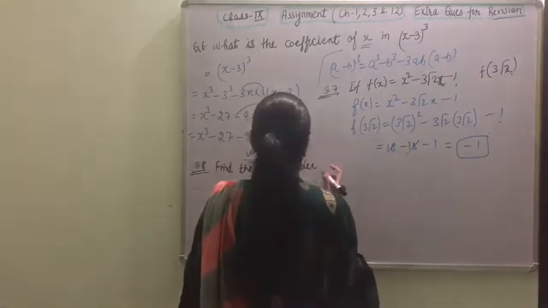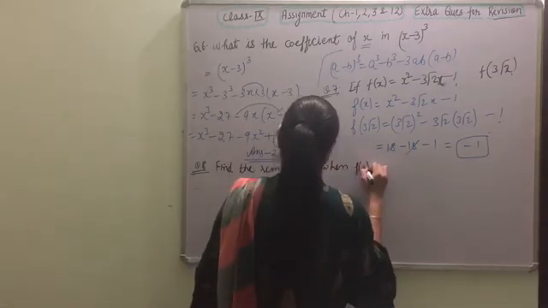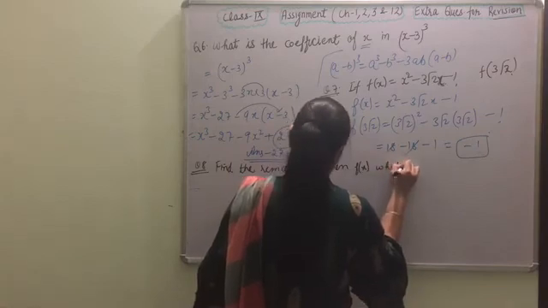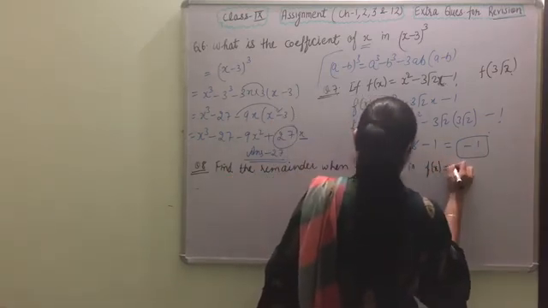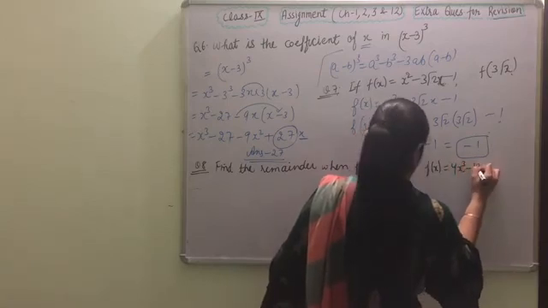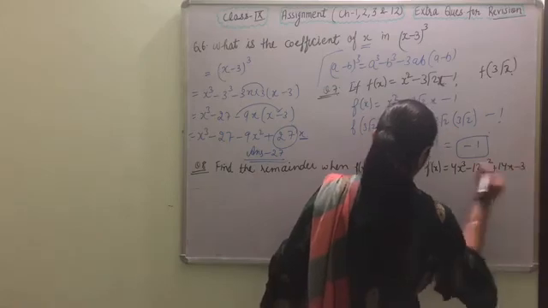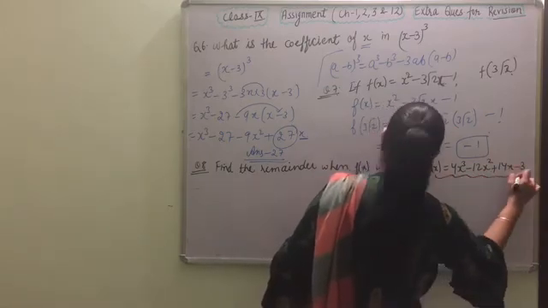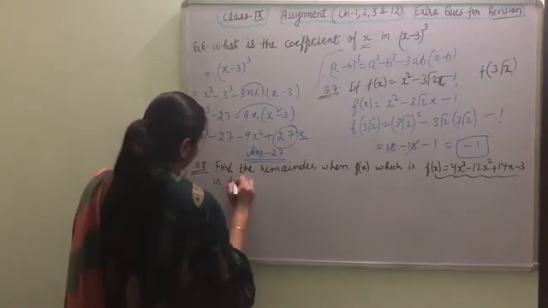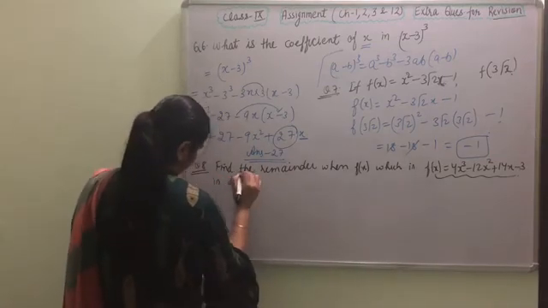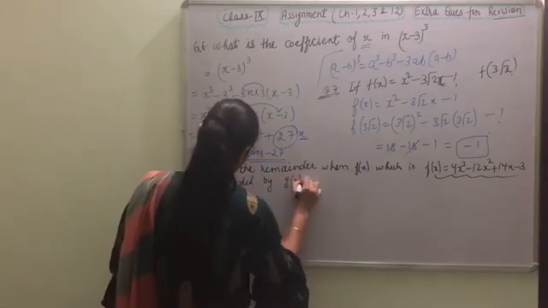Find the remainder when f(x), the given polynomial, which is 4x cube minus 12x square plus 14x minus 3, is divided by g(x), another polynomial.